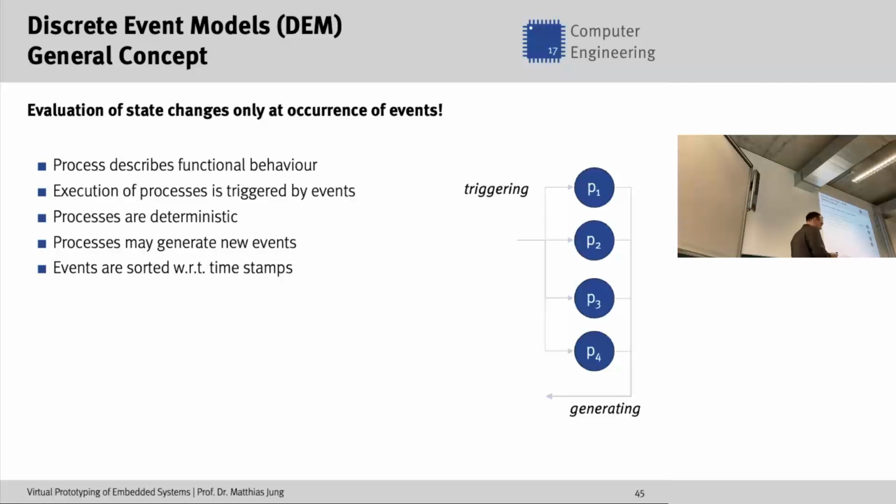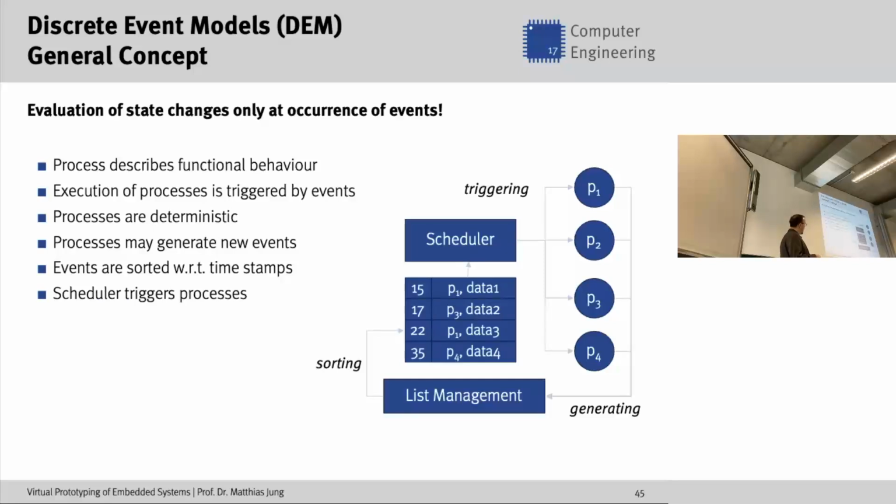In Kahn process networks, we had no concept of time in that sense. And therefore we need such a list, and the list also has a list management, where we sort these events according to a timestamp. 15, 17, 22, 35. They are always sorted, and if a new event happens, it gets sorted into that list.